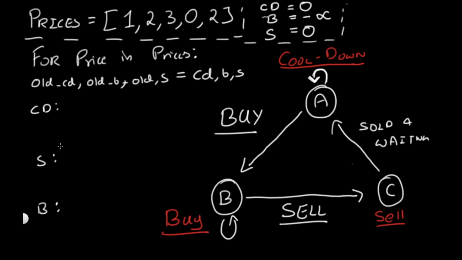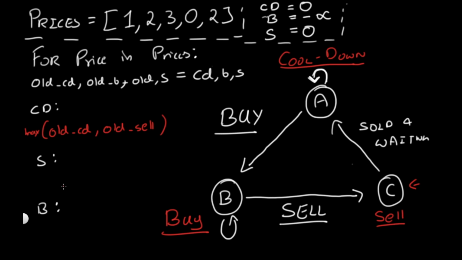In order to get the maximum profit of our cooldown, we're either going to look at the old cooldown, or we're going to look at the old sell. So we're going to take whichever is the maximum between these two, because our cooldown value can either come from the sell over here, or we can keep holding on to the previous old cooldown. According to that, we change our cooldown value.